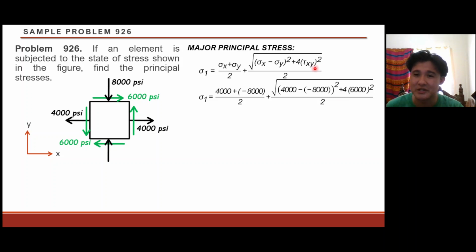Ayun yung sinasabi ko kasi i-square naman natin, so mag-cancel out na siya. Okay? Sa Mohr's circle, very important na yung sign ng shear stress natin. So later na natin i-discuss yun. As of now, wag muna natin i-consider yung sign ng shear stress natin.